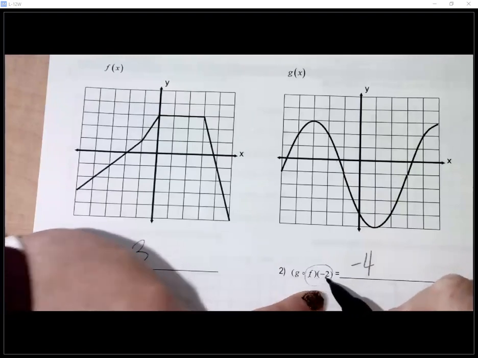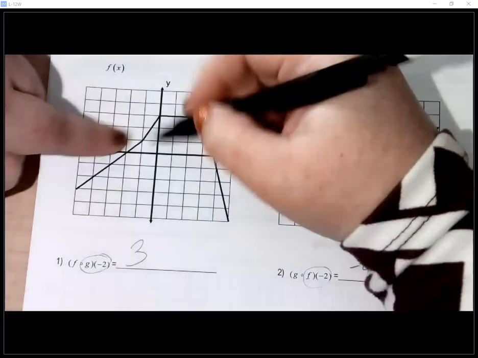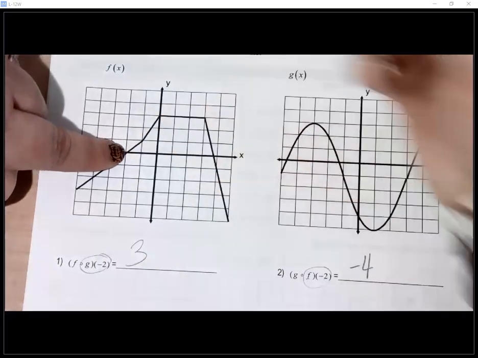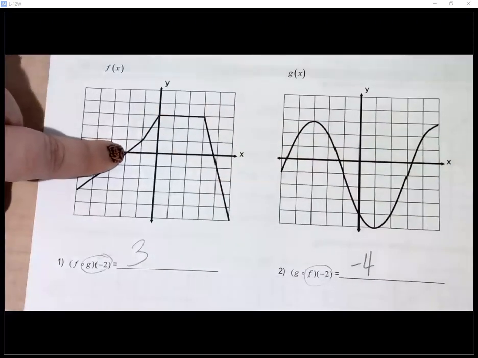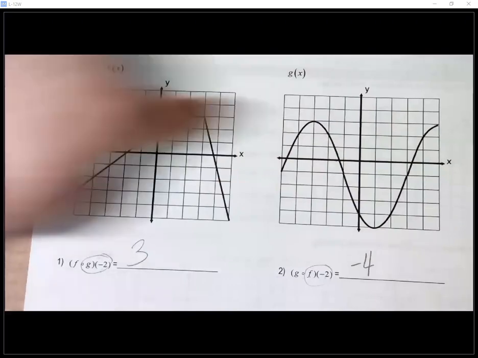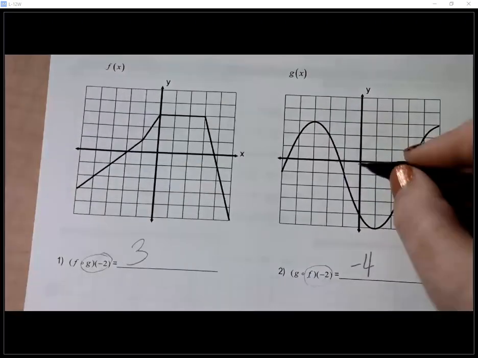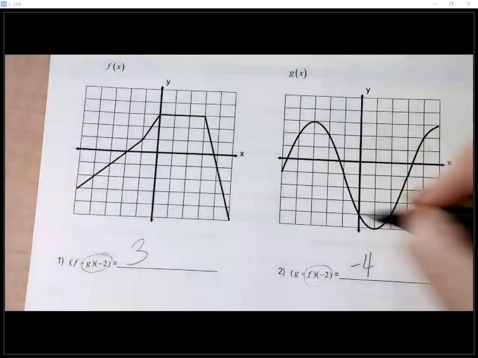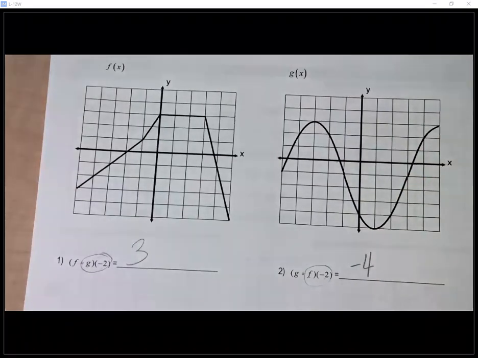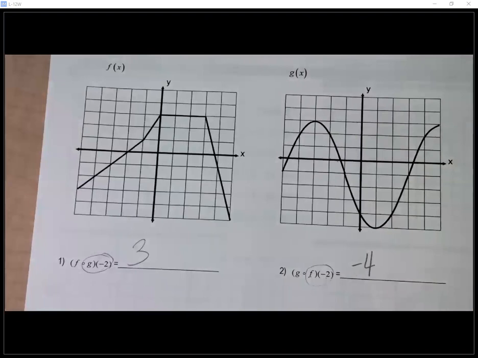The F function value at -2 is 0. Okay, cool. So now all I need to do is go to the G and see its value at 0. Drop it down. Yep, I get -4. Does that make sense? Okay, so that's how these work.